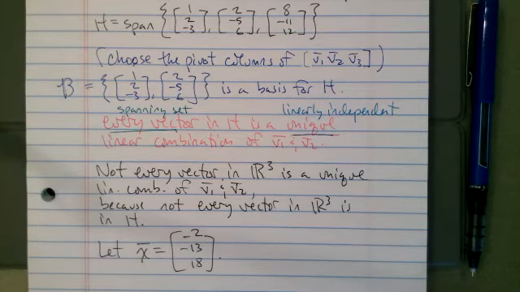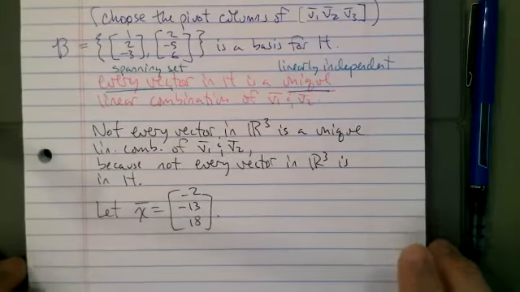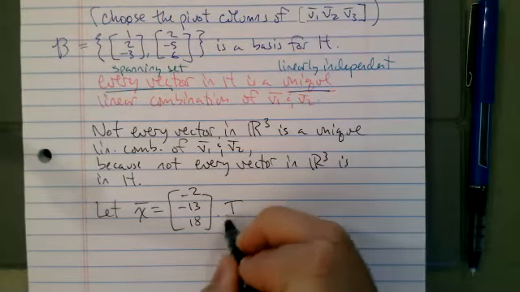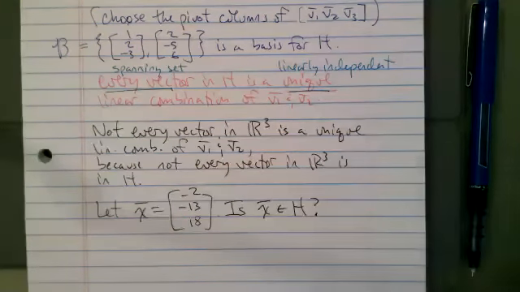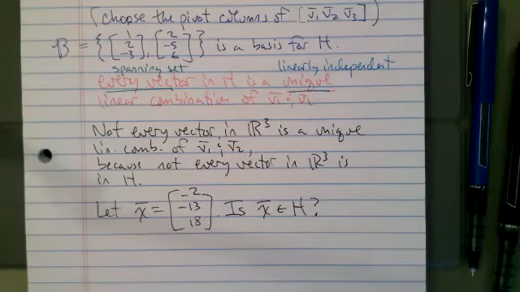This is just some generic vector in R3. We don't know if it's in H or not. We have to check. So is x in H? That is, is x a linear combination of V1 and V2? That's the equivalent question that we have here.